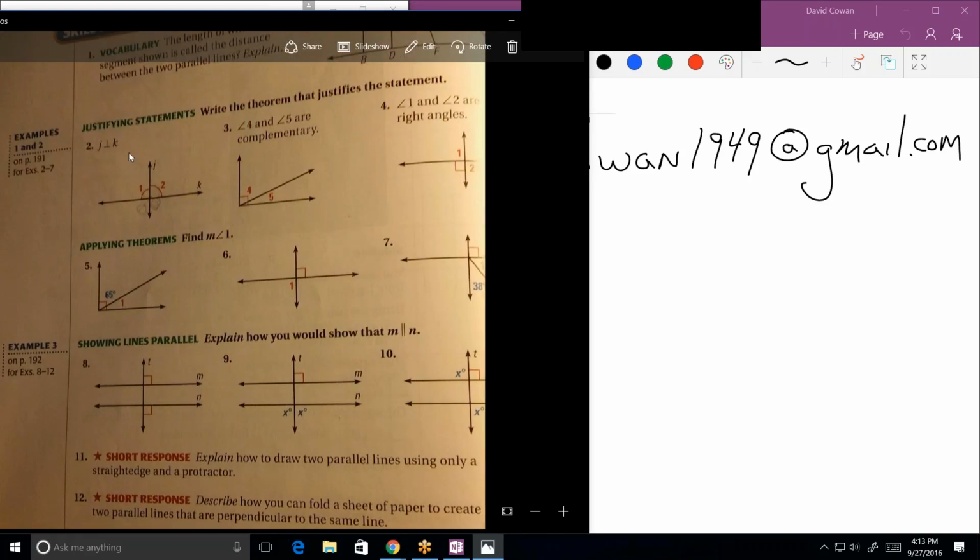Write the theorem that justifies the statement for number 2. J is perpendicular to K. Let me get my theorem sheet out. I know it, I just haven't had time to memorize it.